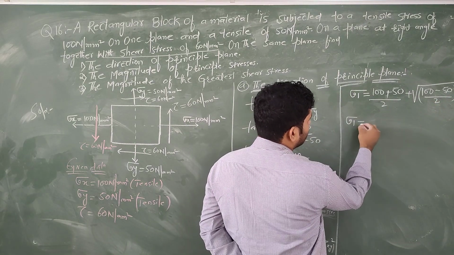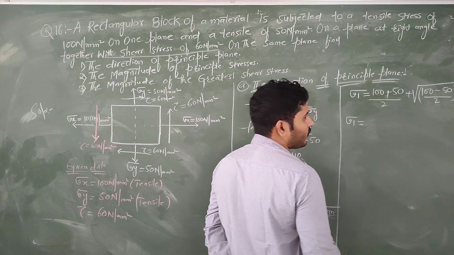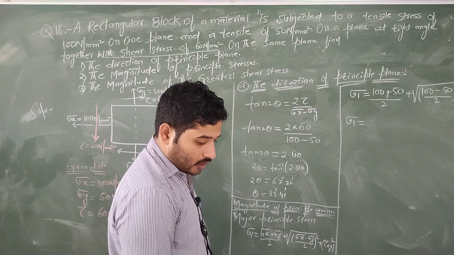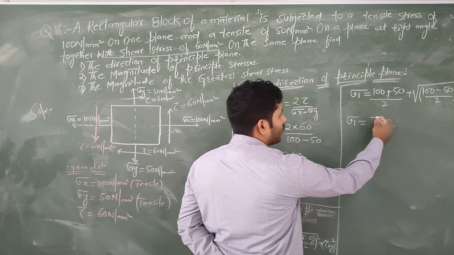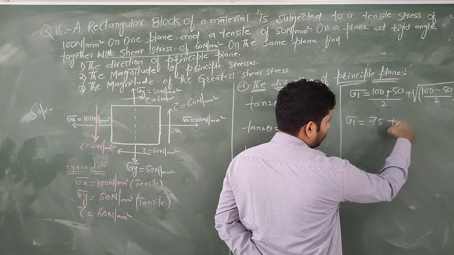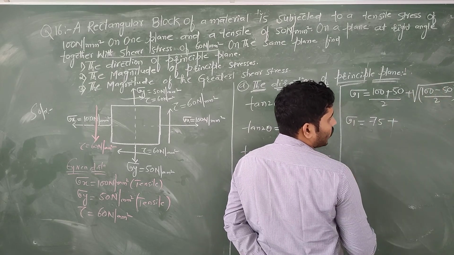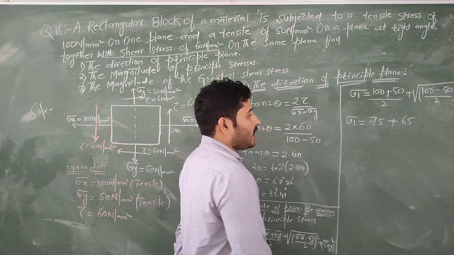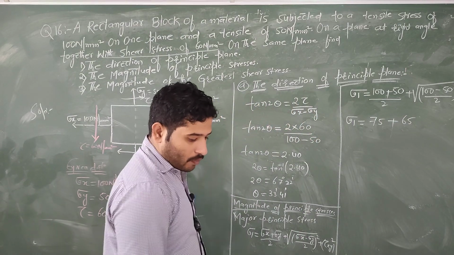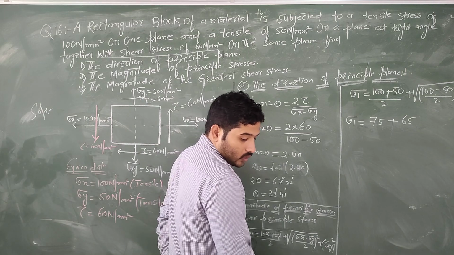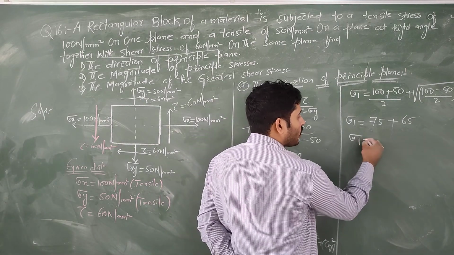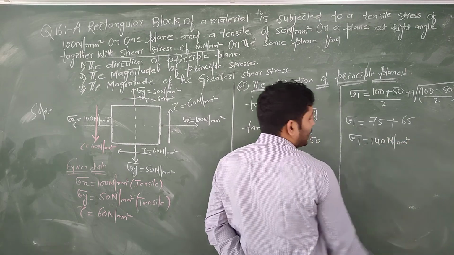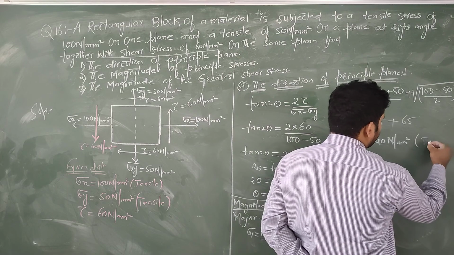Then sigma 1 equals 150 by 2, which is 75, plus the root value, which is 65. Adding 75 plus 65, you get 140 Newton per mm square, which is tensile in nature.